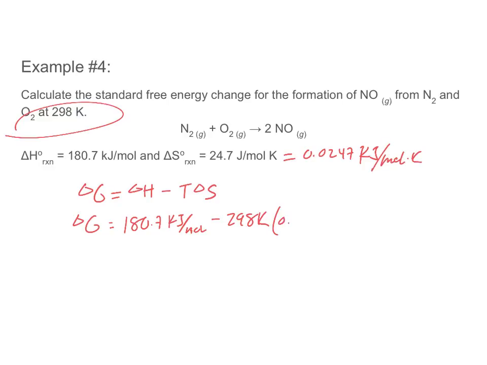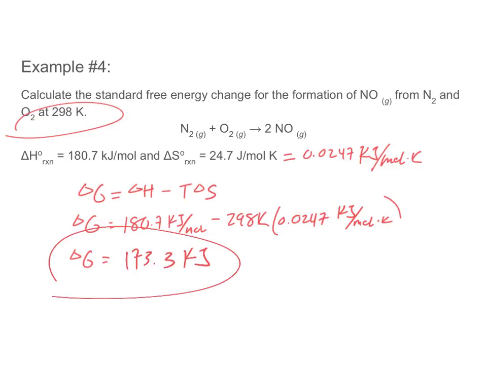So in this case, I have 0.0247 kilojoules per mole Kelvin. Now, when I go through and calculate that out, I get a delta G value, in this case, to be a positive 173.3 kilojoules.